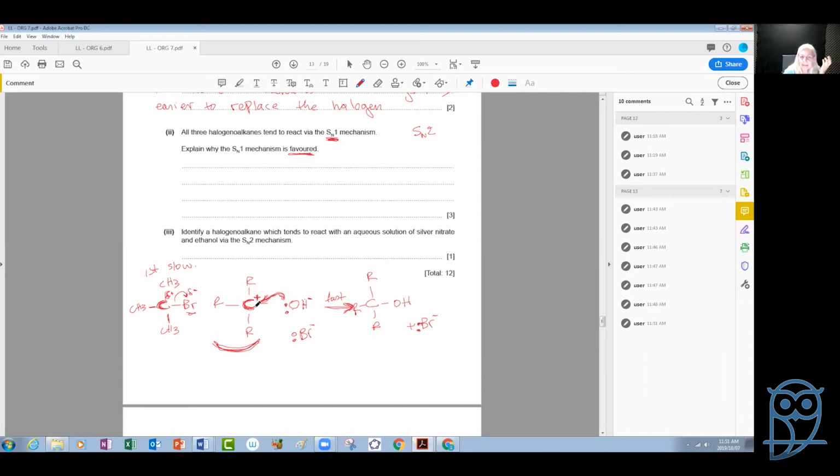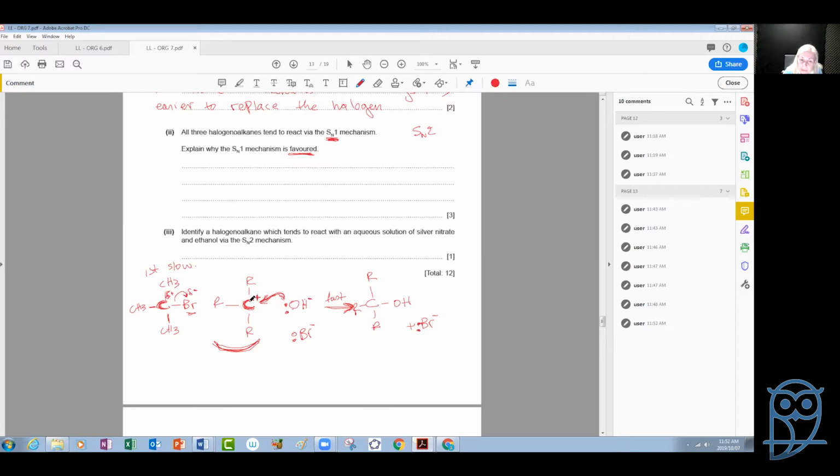And why is it stable? Because this carbon is attached to three other carbons, three other alkyl groups actually. And the alkyl groups, and we need to say that, tend to release electrons or push their electrons towards the carbon, which means they induce a positive charge on the carbon.